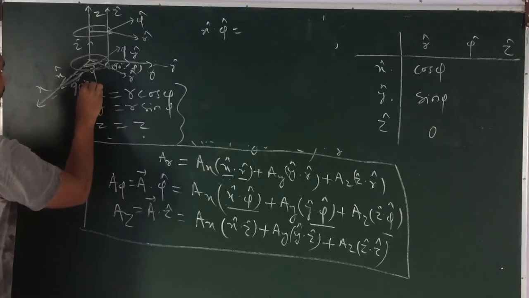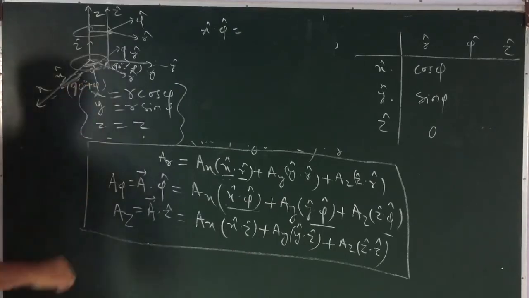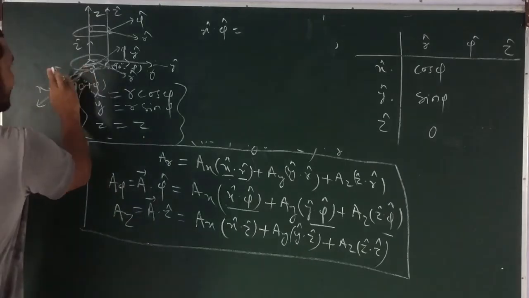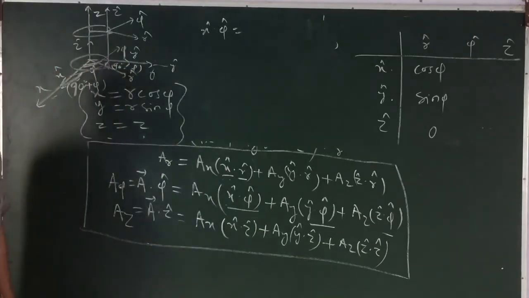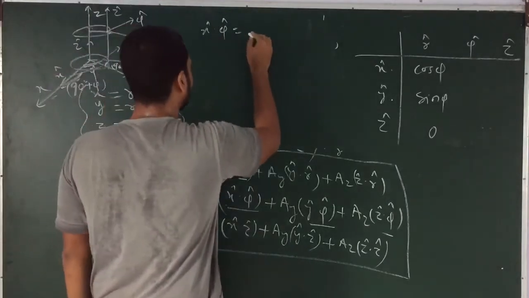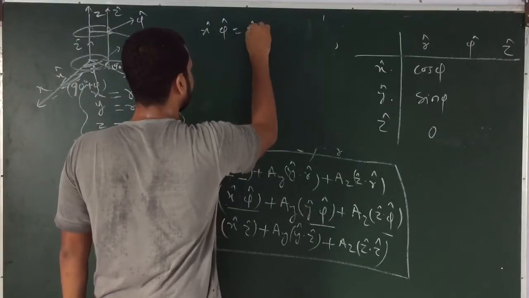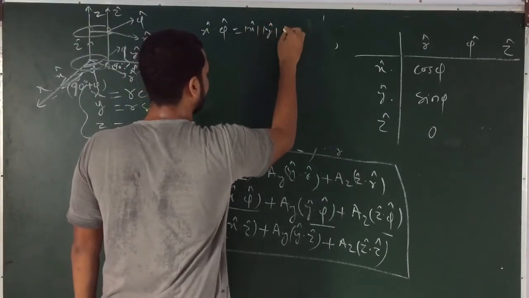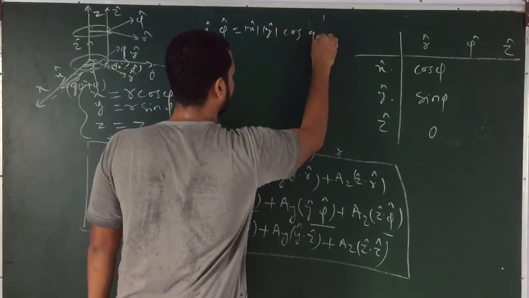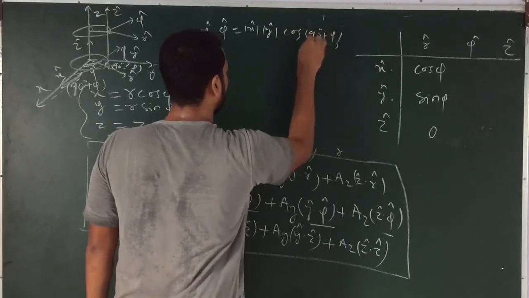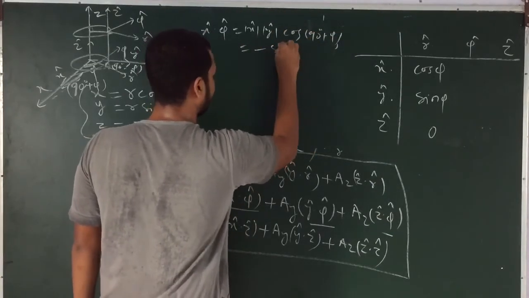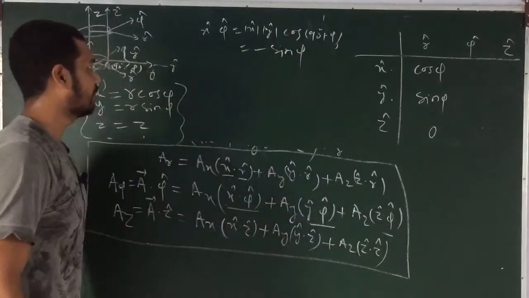So this angle will be 90 degrees plus phi. So the angle between x cap and phi cap direction is 90 degrees plus phi. That's why x cap dot phi cap will be x cap, phi cap, cos of 90 degrees plus phi, from which you will get minus sin phi.